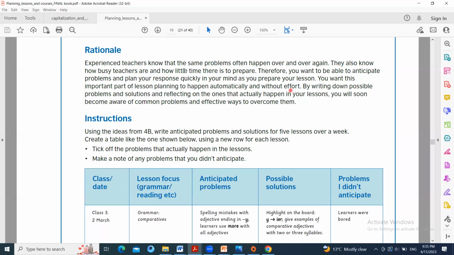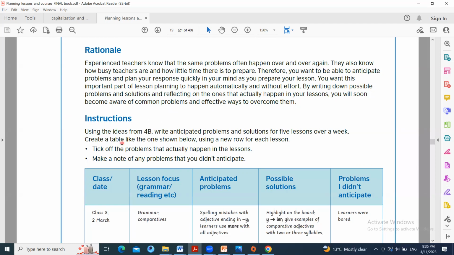You want this important part of lesson planning to happen automatically and without effort by writing down possible problems and solutions and reflecting on ones that actually happen in your lesson. You will soon become aware of common problems and effective ways to overcome them.